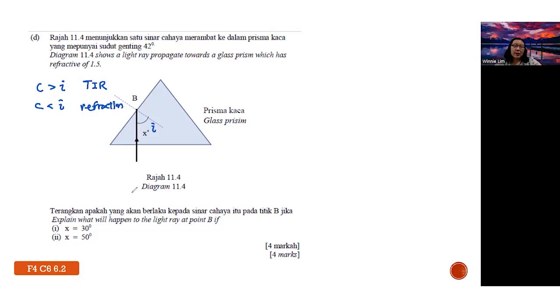So in order to explain this idea, you have to find out the critical angle first. The formula that links refractive index with critical angle is n equals 1 over sine C. The refractive index in this case is 1.5, equal to 1 over sine C. So sine C equals 1 over 1.5.